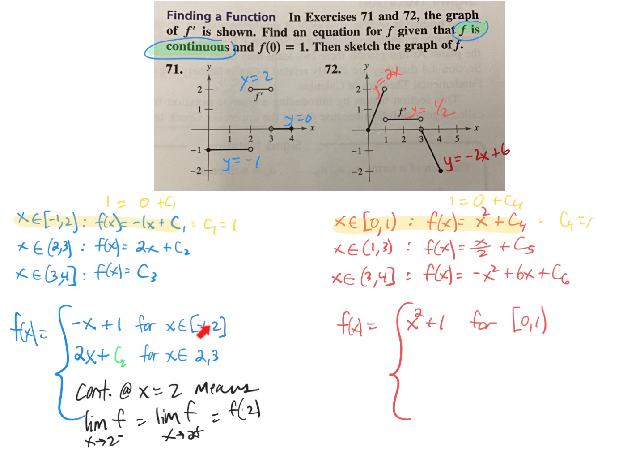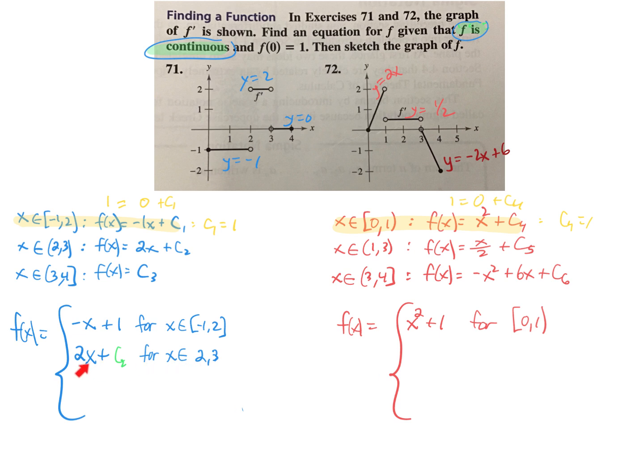So right at 2, f of x is negative 2 plus 1, which is negative 1. Well, as we approach 2 from the right with this part of the function, it also must equal negative 1, and that's how we'll find our constant. So 2 times the x value of 2 plus this constant is equal to negative 1, so this constant is negative 5, and we have that part defined.